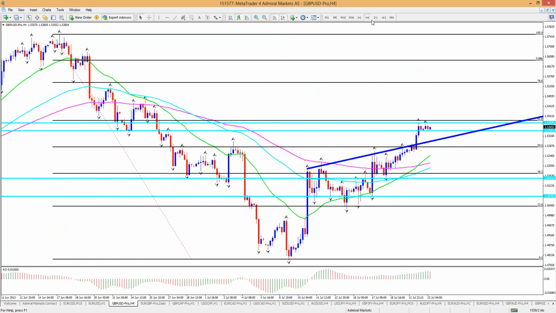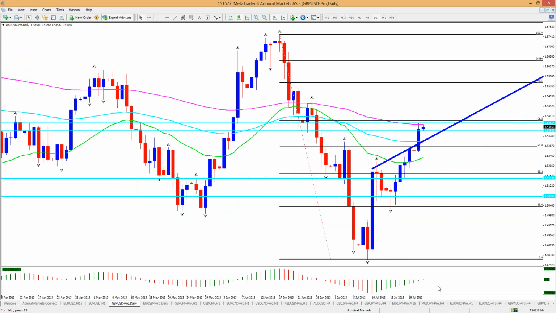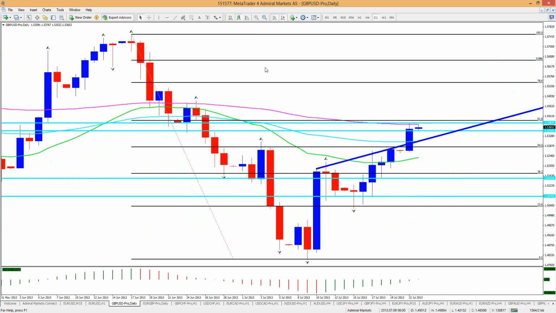Let's see if there are any price action signals. Well, big bullish day, and you can see why I don't want to go long here. Because what is one of the things I always say that I don't want to go long? Does anyone know? If I'm looking at a day chart. Always want to be careful with that.